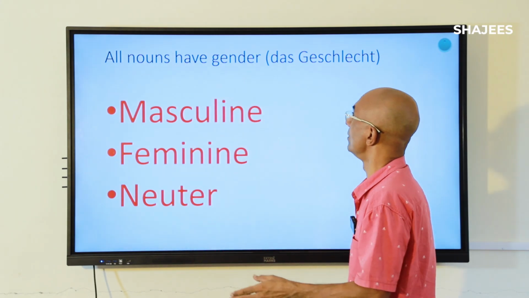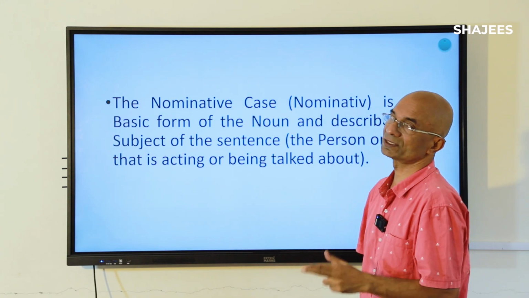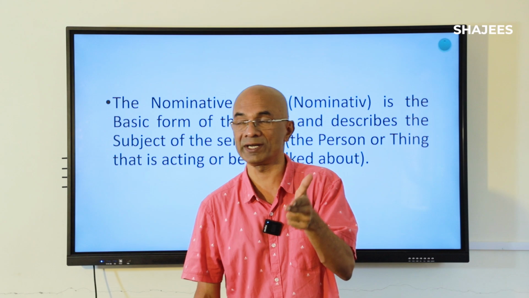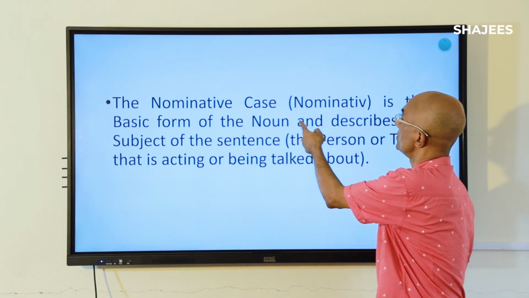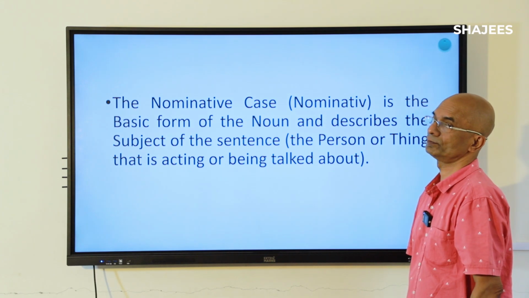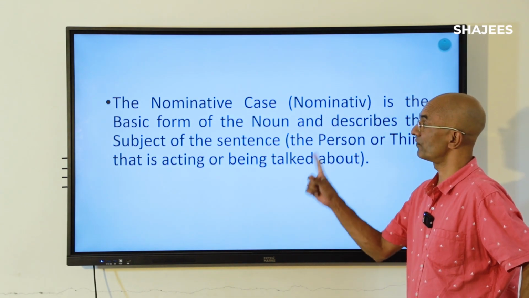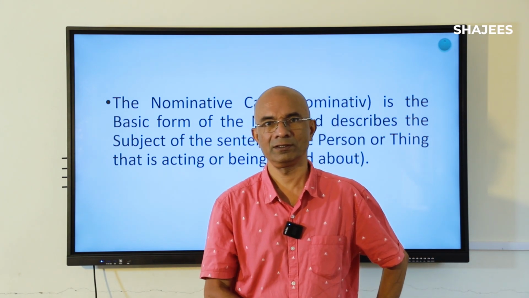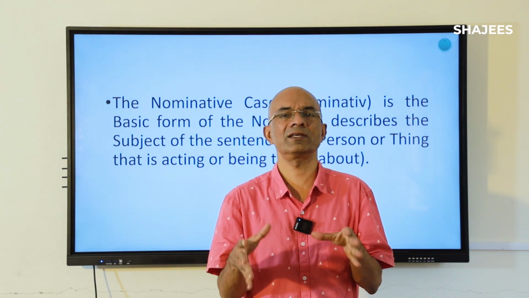That's article. So all nouns have genders: masculine, feminine, and neutrum, in the nominative case. What is a nominative case? Don't learn all these definitions by heart. For nominative case, just say subject of a sentence.